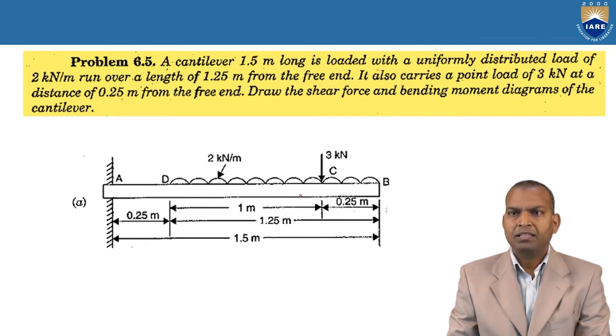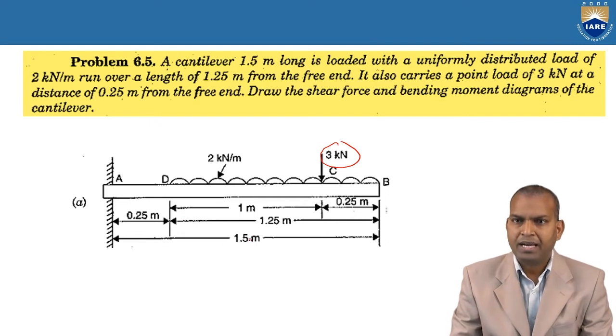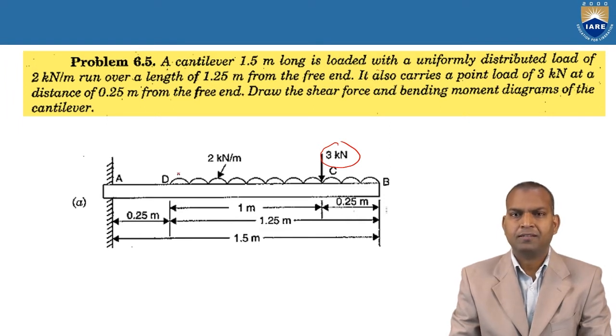At a distance of 0.5 meters from the free end, there is a point load of 3 kilonewtons. The total span is 1.5 meters. We have to draw the shear force and bending moment diagram for this case.